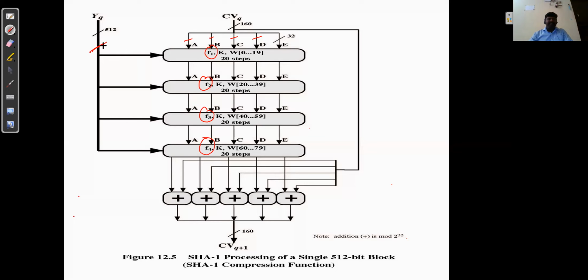Here we'll be dividing the 512-bit block into sub blocks. In each iteration, we have 20 iterations to be performed, but when we divide these 512 bits, we get only 16 words, or 16 into 32.